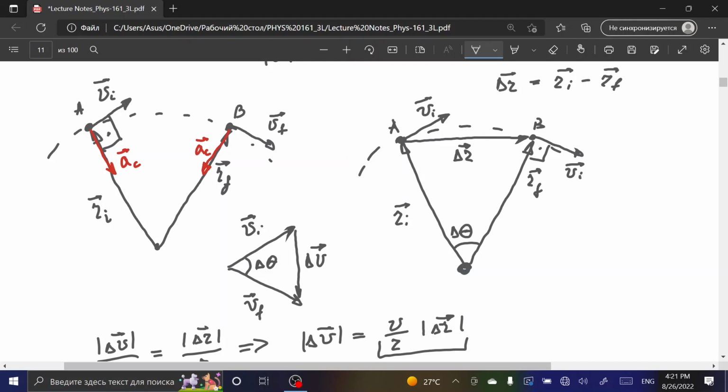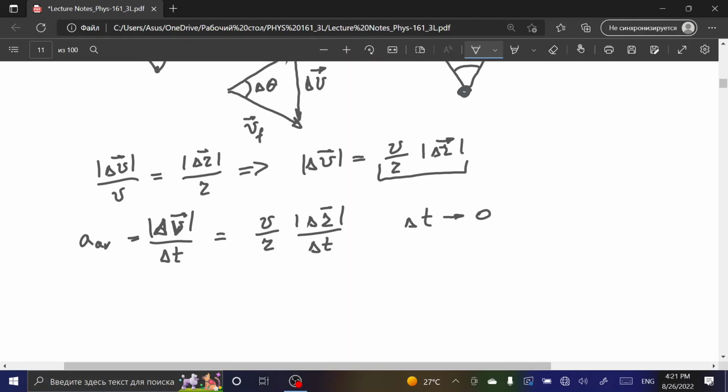So that means that we can express linear velocity as follows. Here we have this ratio, the change of position vector, which is the displacement vector, divided by delta t. And this can be considered as linear velocity, because when delta t approaches 0, the difference between path and magnitude of displacement vector becomes negligible.